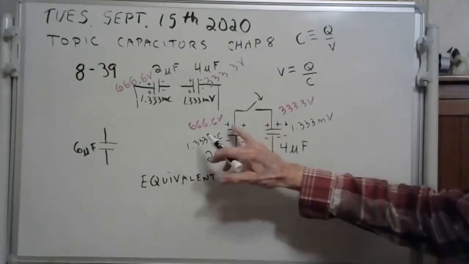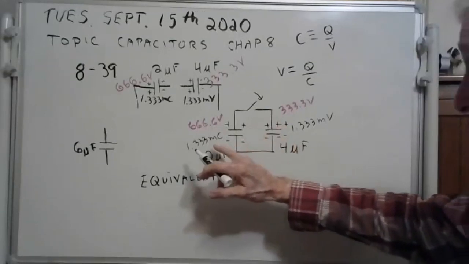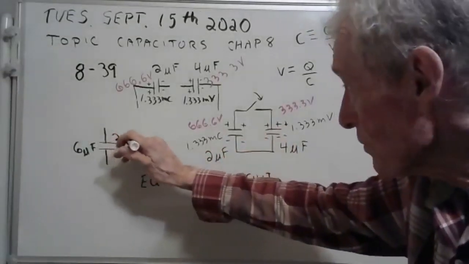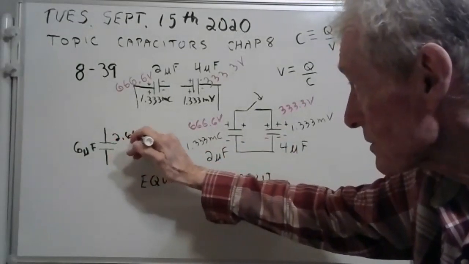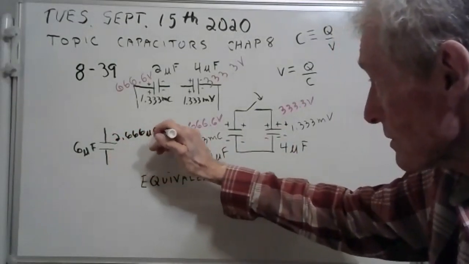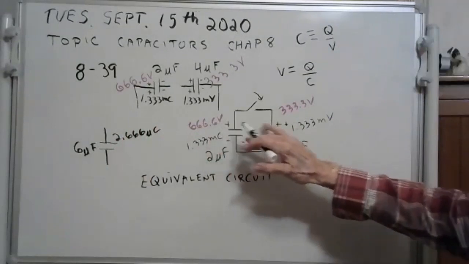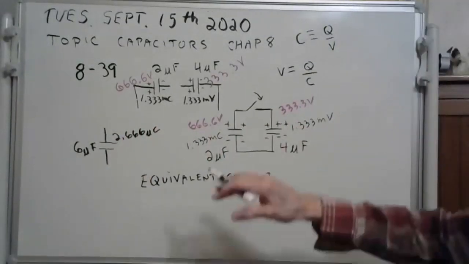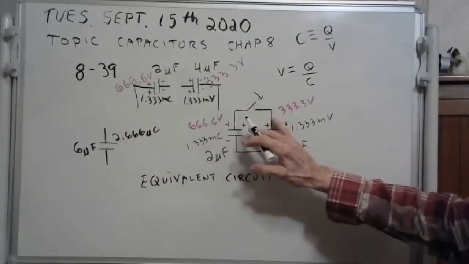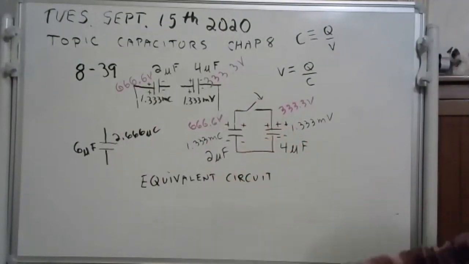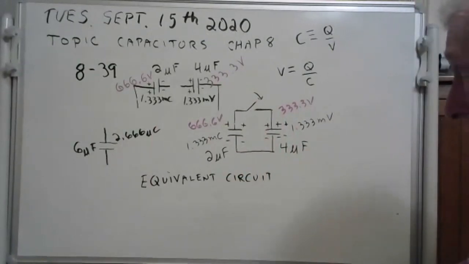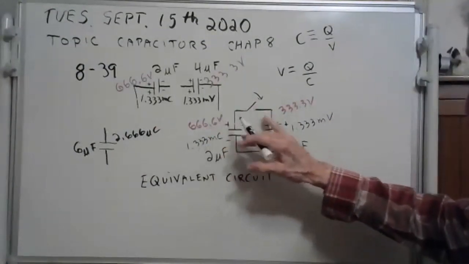They can redistribute, but the total charge is going to be 2.666 microcoulombs. It can't go anyplace. Won't that be the total charge? I mean, some of these are going to go over here, and the total is still going to be 2.666 on this side of the circuit.